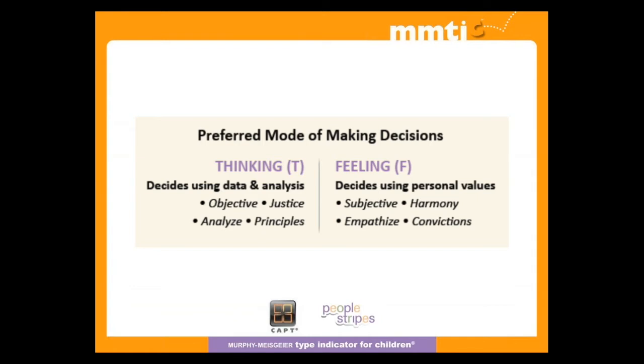We also know that the thinking student can be very direct in their language when they're explaining something. And then the feeling, the F, is about what is important. How important is this? How will this impact others? How will this help this one person in front of me?